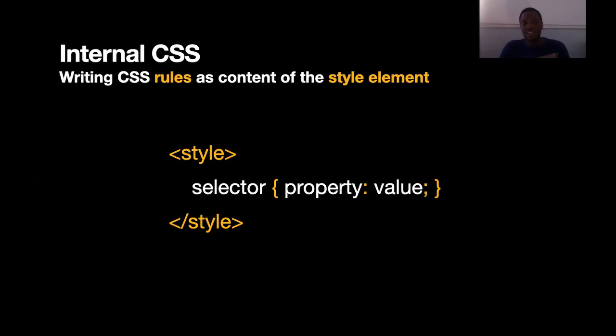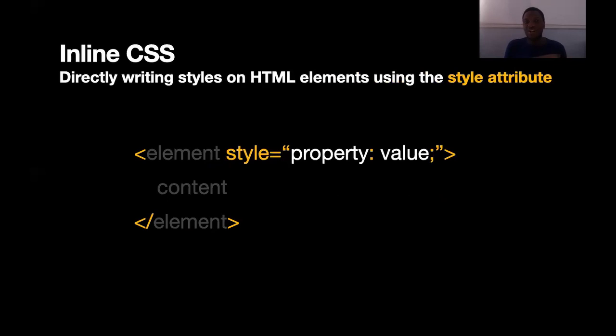Now, internal CSS, like I said, refers to writing CSS rules. Remember that this time I'm not talking about styles, right? Because now we are writing it outside the element, so we need a way to select the element before we apply the styles. When we're talking about inline CSS, we're already writing the styles directly on the element, so we don't need a selector. That's why we're not using rules, we're using styles.